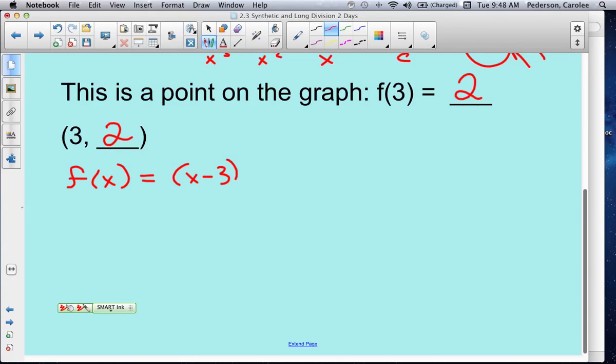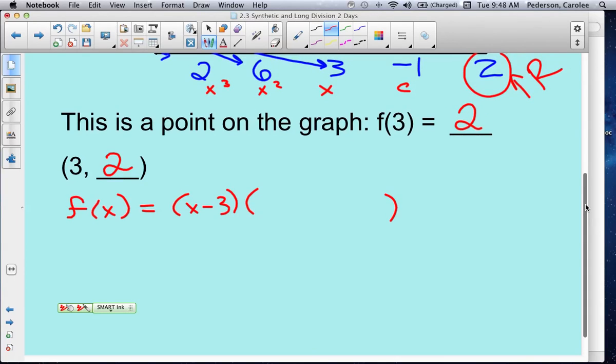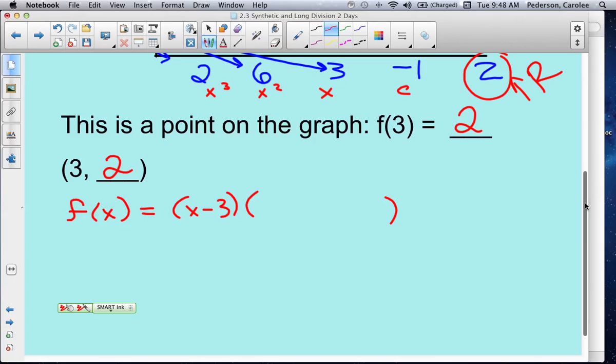So if we were to have it in factored form, what we took out was the x minus 3, and then what we're left with is 2x cubed plus 6x squared plus 3x minus 1. And then we have the remainder.